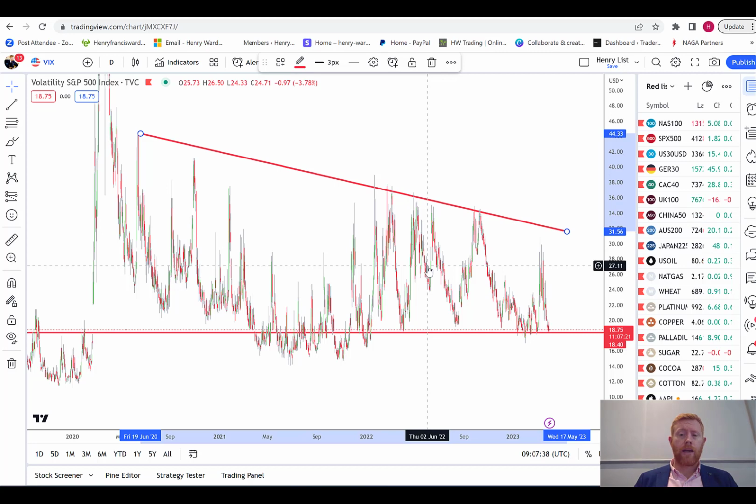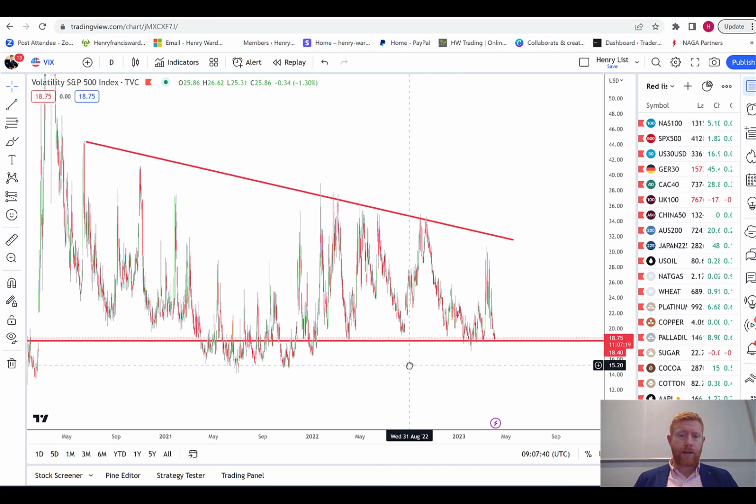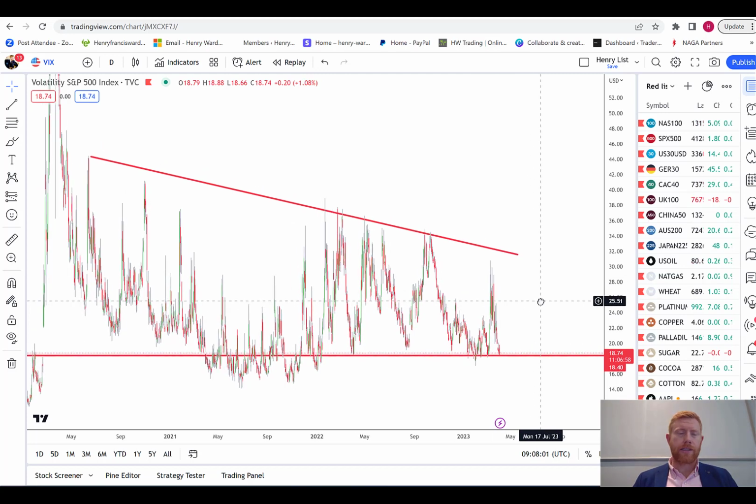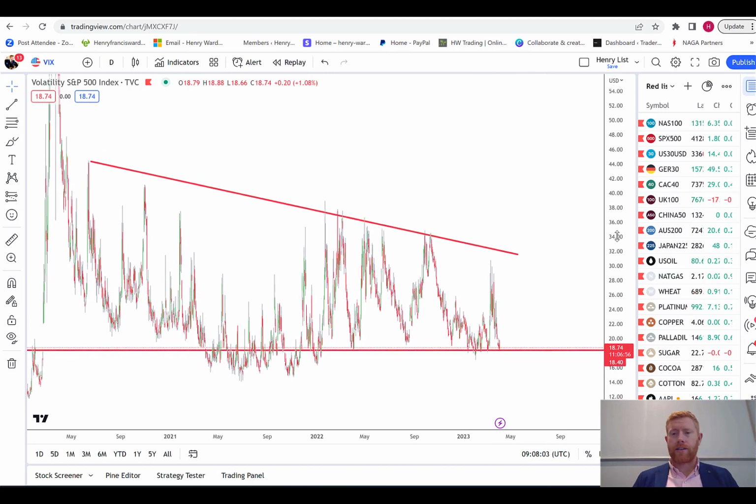Now you can look at that in two different scenarios. Either we're eventually going to get a violent jump to the upside, or the sentiment continues and people are happy with what's going on and it will continue trending. So that's what's going on with the VIX at the minute, so just keep an eye out. This is the volatility fear gauge.